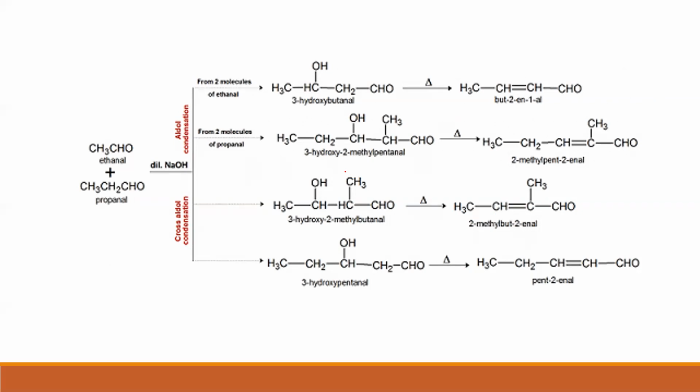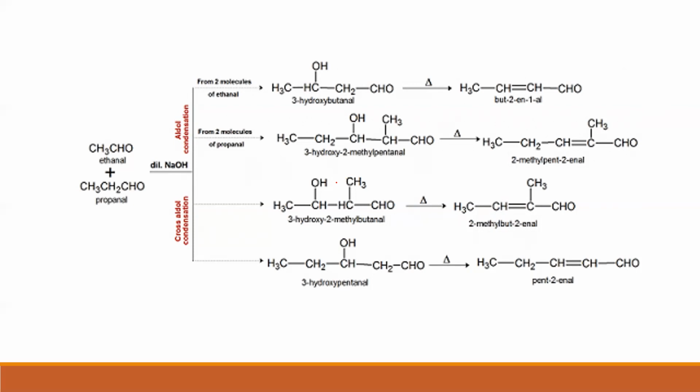The moment you do this exercise, you will be in a better position to understand whether you've understood self-aldol or crossed aldol. Very, very important reaction. Once you have done that as homework, tomorrow we will continue with this. I'll just explain how you got each of these.